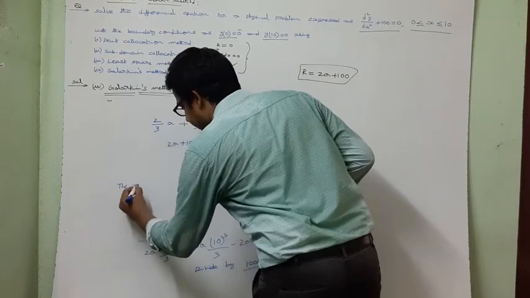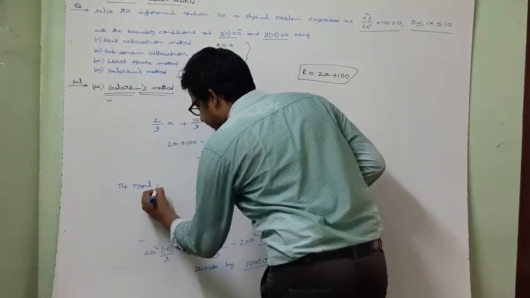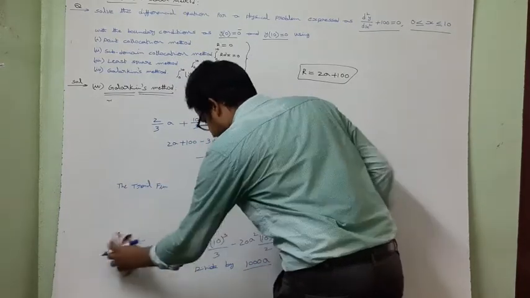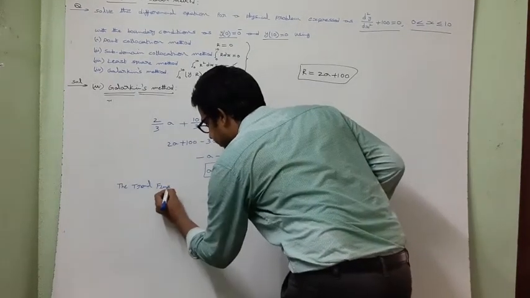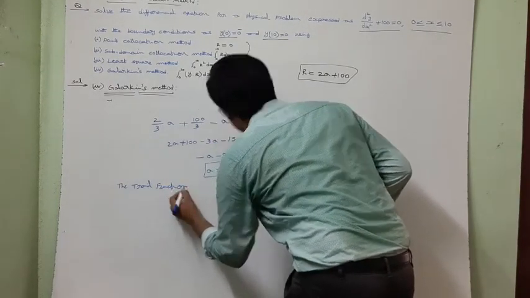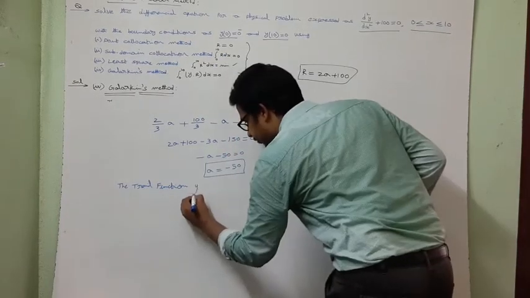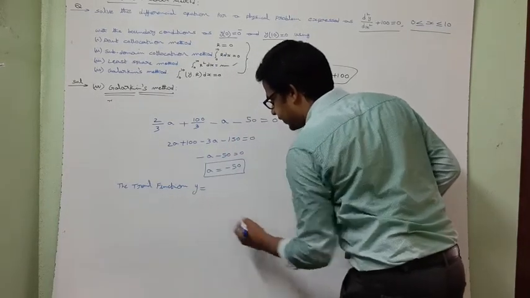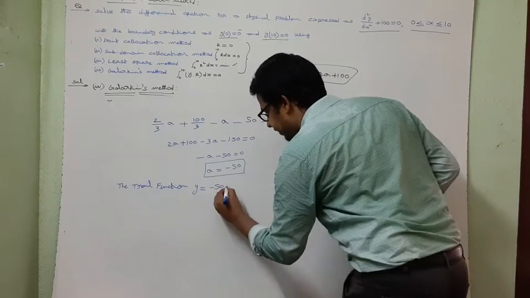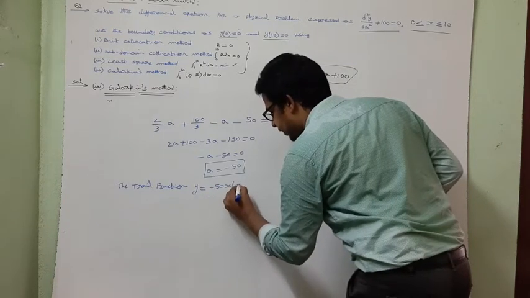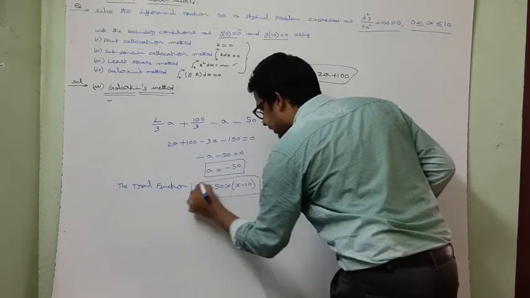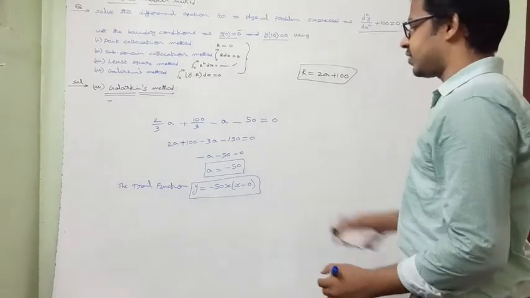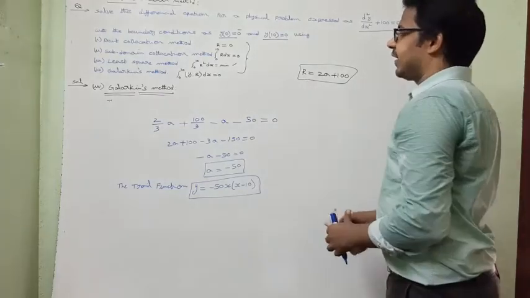The trial function y equals minus 50 x of x minus 10. So this is the solution for the given problem.